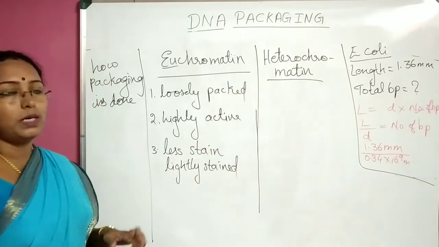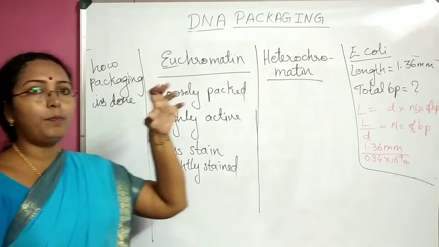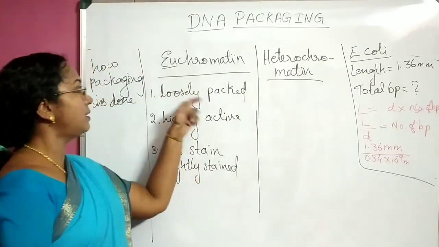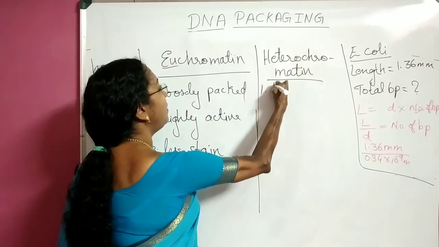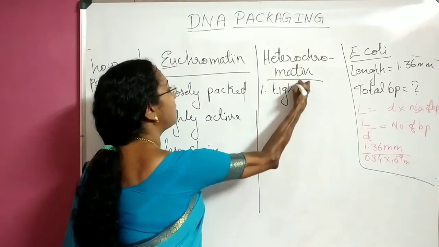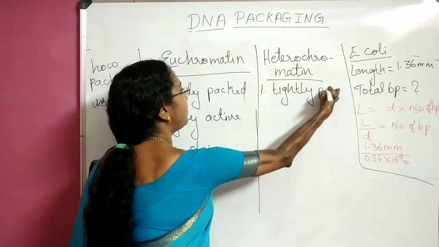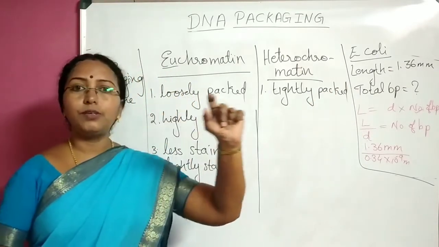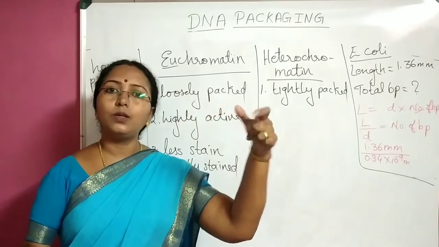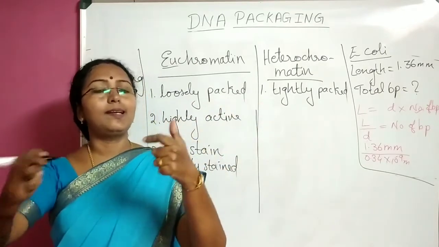Now look at the other one. It is all based on, I told you, how packaging is done. Here it is loosely packed, but heterochromatin is very, very tightly packed. So in the whole region of our DNA, some areas are loosely packed, some areas are tightly packed.